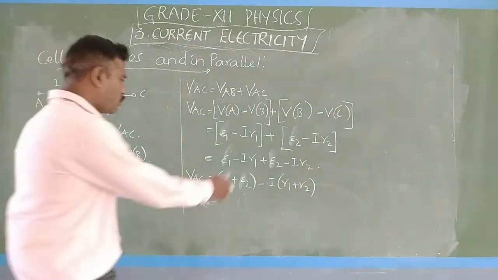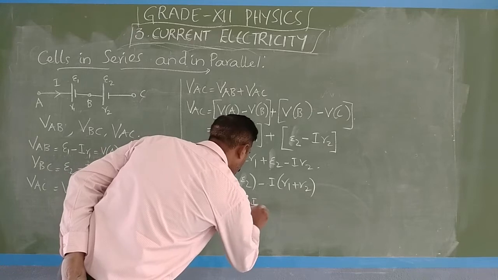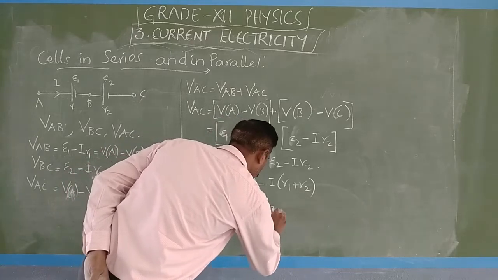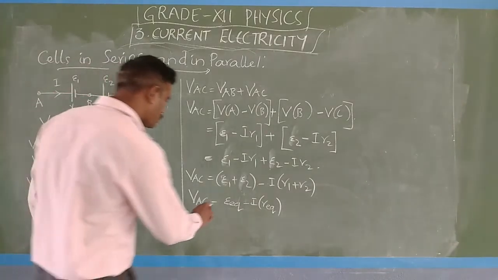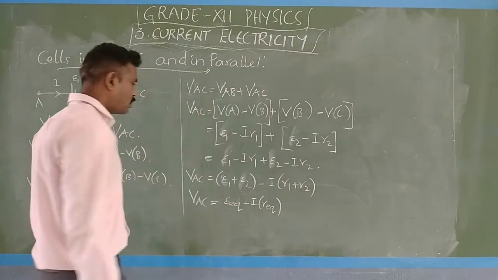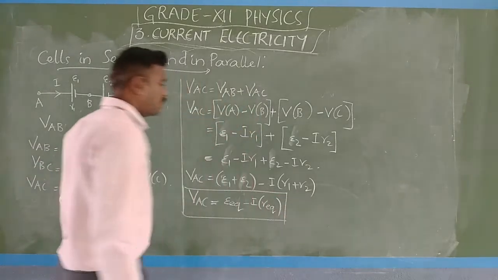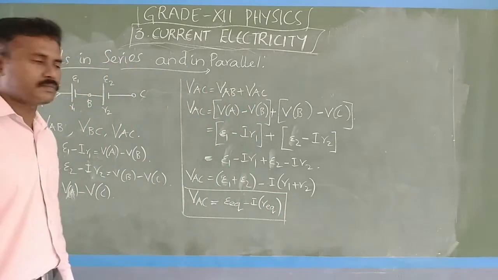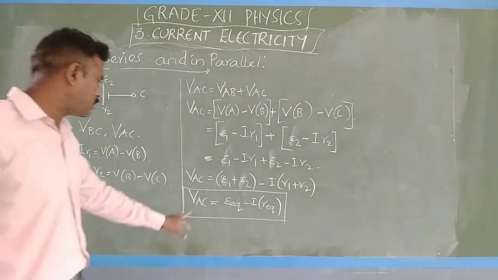So this is the equivalent value. So when you see from this equation, the equivalent voltages are getting added.